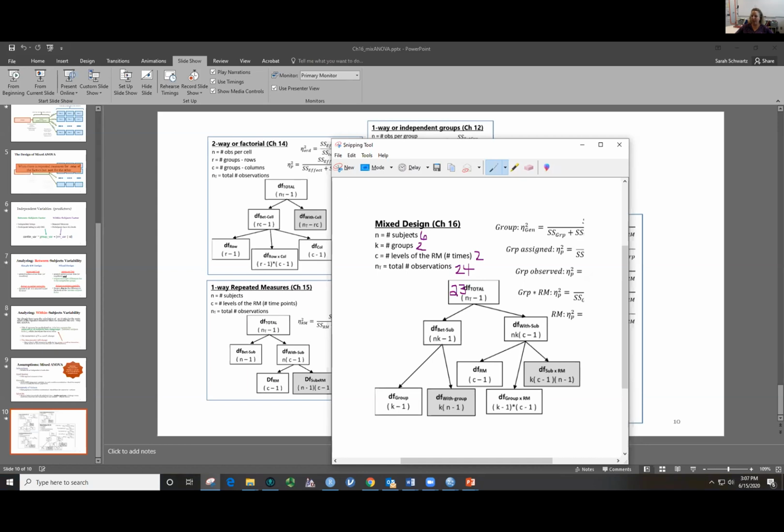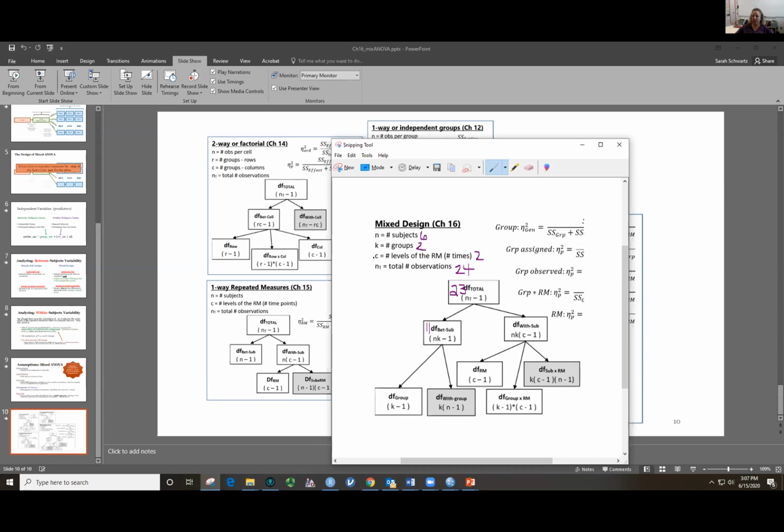N is 6 subjects for each of k equals 2 groups. So n times k is 12. 12 minus 1 is 11.